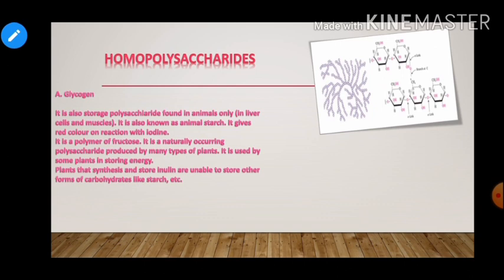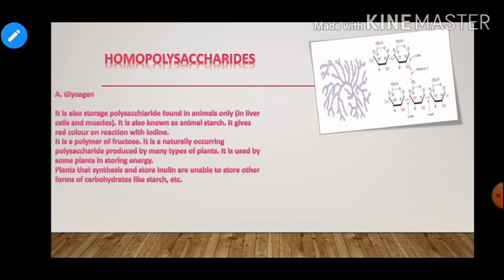Its molecule is a long, much branched chain of about 30,000 glucose units. It is clearly visible in this picture also. Each unit is joined by 1,4-alpha glycosidic bonds, right? It is usually formed and stored in muscle cells and liver cells.